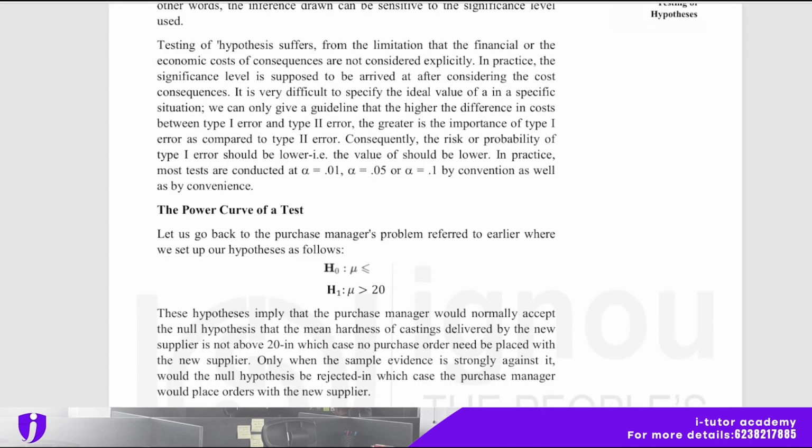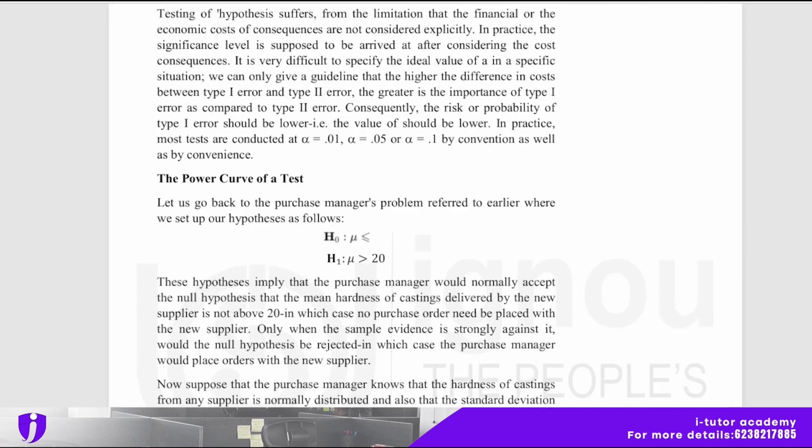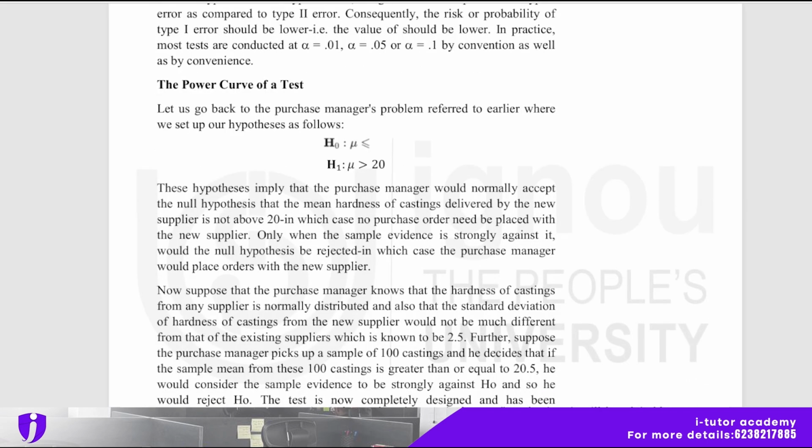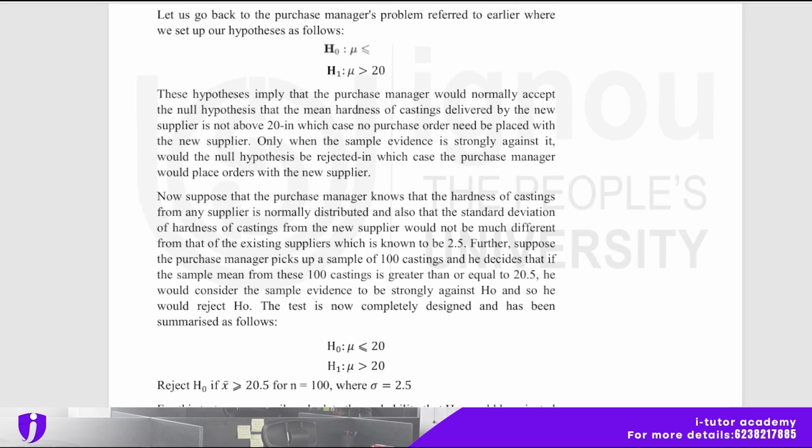Let us go back to the purchase manager's problem referred to earlier, where we set up our hypothesis as follows. These hypotheses imply that the purchase manager would normally accept the null hypothesis that the mean hardness of castings delivered by the new supplier is not above 20, in which case no purchase order need be placed with the new supplier.